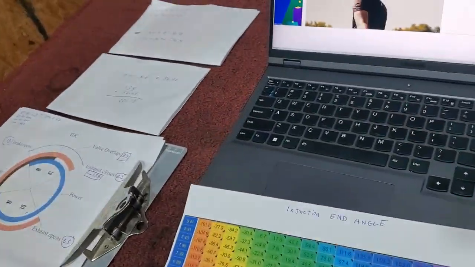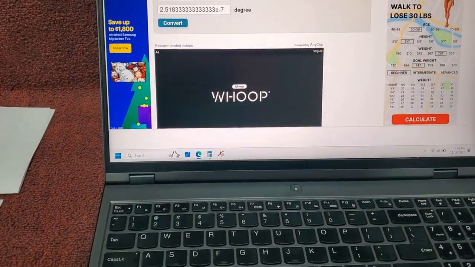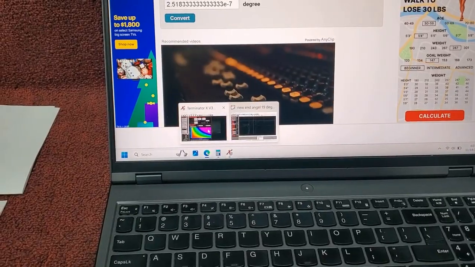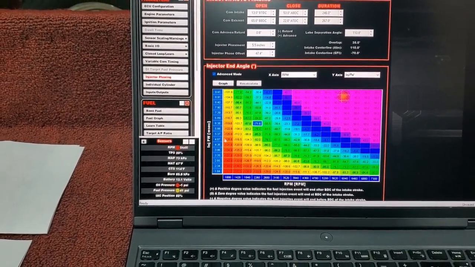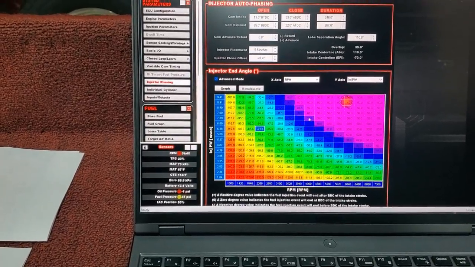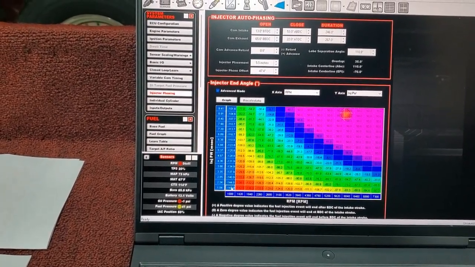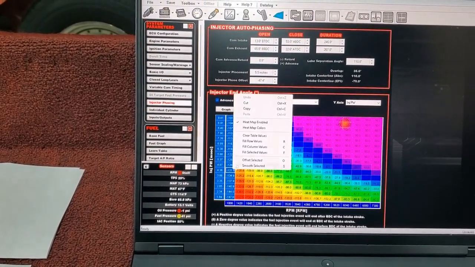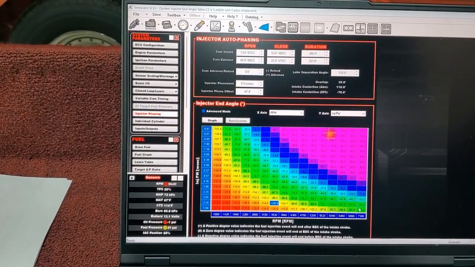All right. Once you get those four corners figured out, go back to here, get that number, and drag and click, and you zero all this out first. So you get that high number and you have your low number, and you right click and fill column. Then you'll do the same thing over here, fill column.